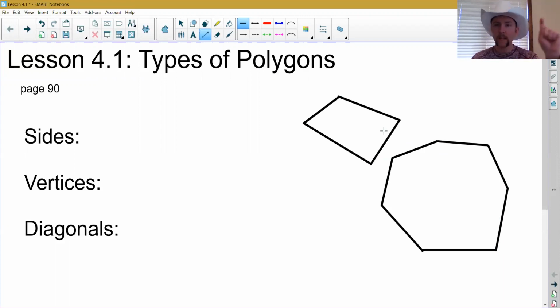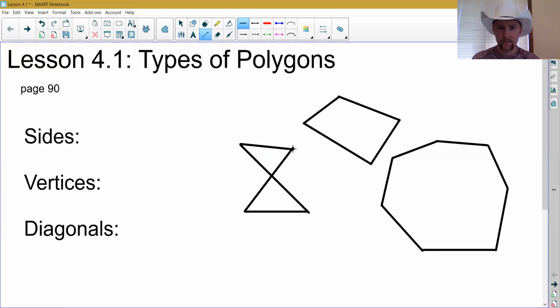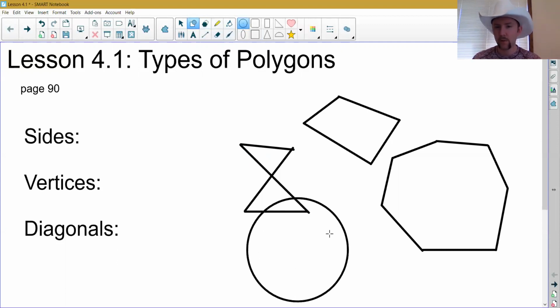So as long as we're making it with straight lines and they don't crisscross each other, okay, like this is not a polygon, okay? It's technically two triangles next to each other, but together this is not a polygon. Also, one that trips a lot of people up, a circle, you guys, is not actually a polygon either.